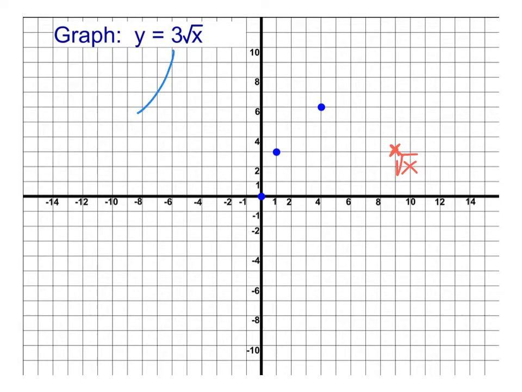Because remember, I have to multiply my y by that number out front. So I've got to multiply it by 3. Instead of going up 3, I'm going to go up 3 times 3, which is 9. So it goes over 9 and up 9, as it so happens. And those are all of them that fit on our graphing grid. So go ahead and draw your curve that goes through those points.